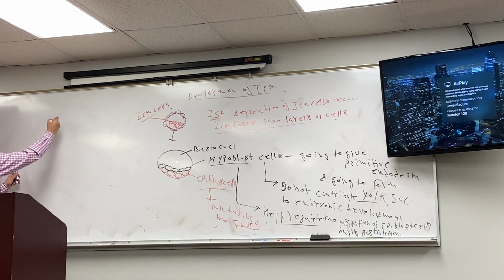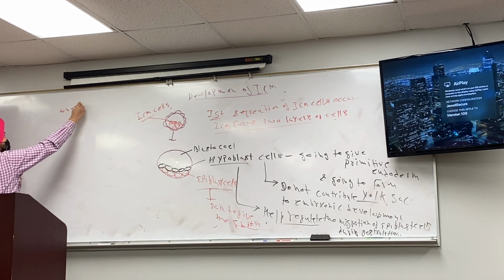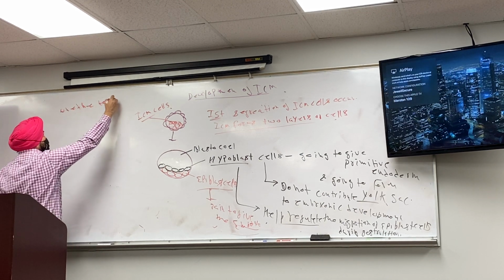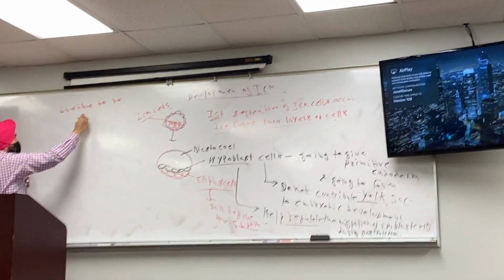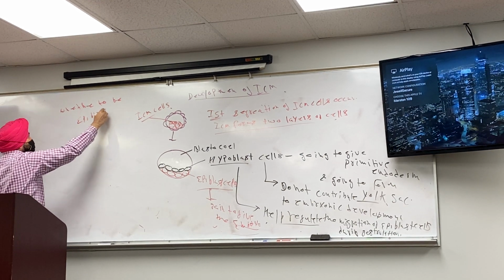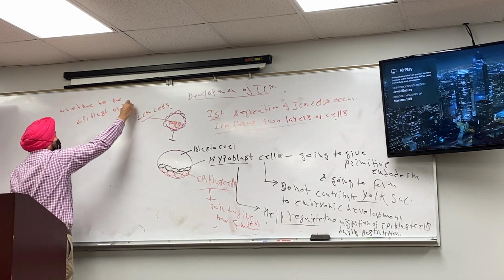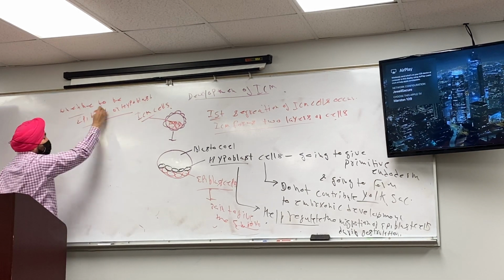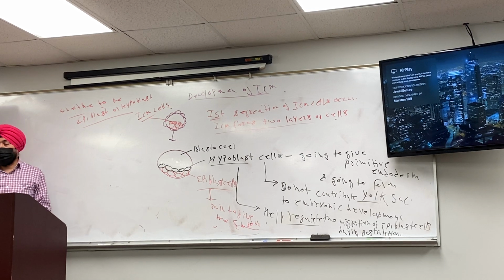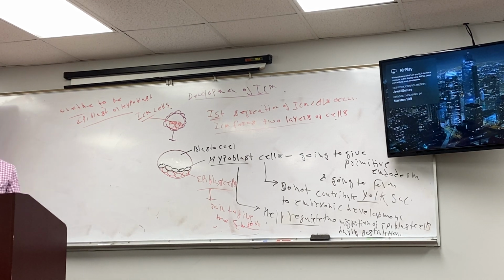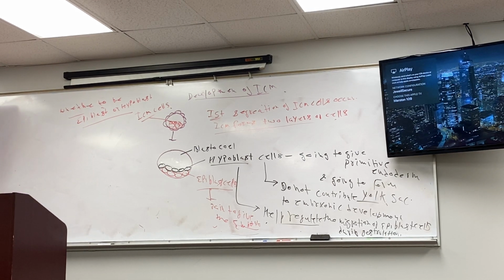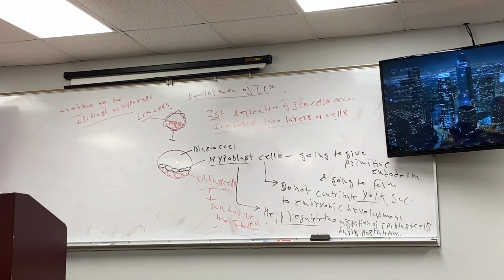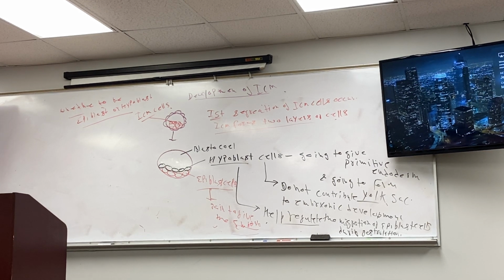Now, how is it determined whether a cell is going to be epiblast or hypoblast? What cells are going to be hypoblast, and what is going to become the epiblast?